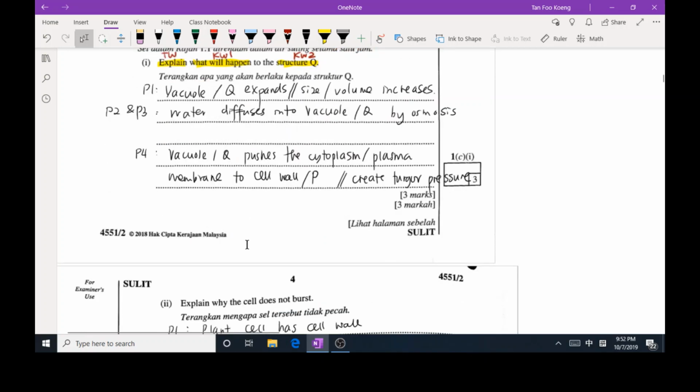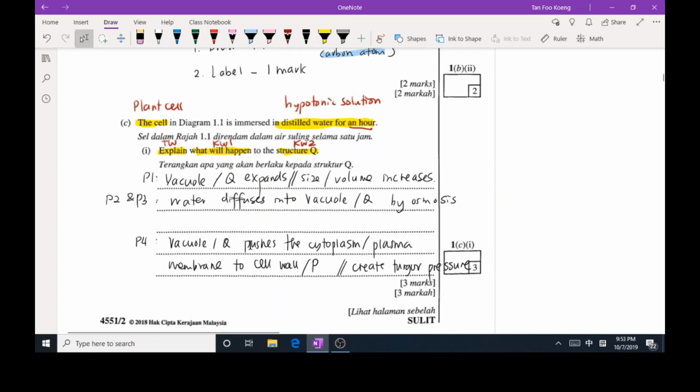And then actually there is one more point here that I can think of. It is because distilled water is hypotonic to the cell sap of the plant cell.